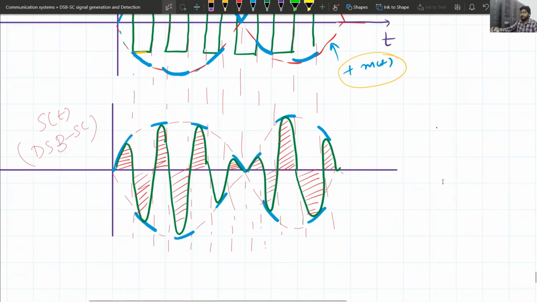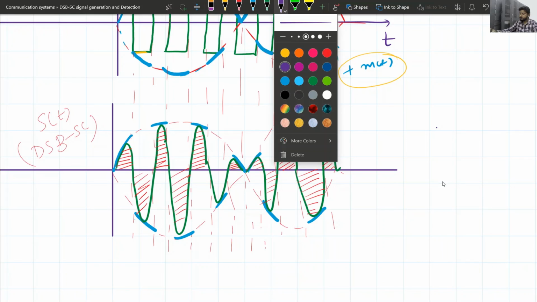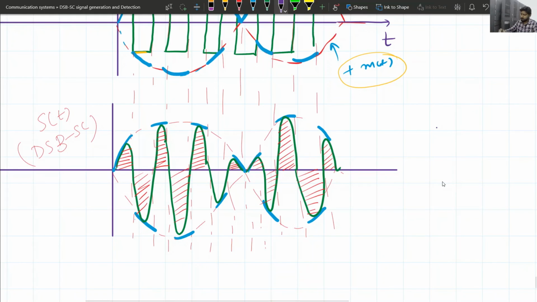Now one thing to observe here is that here phase reversal is occurring.